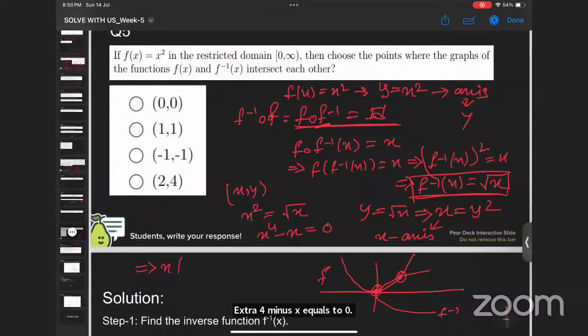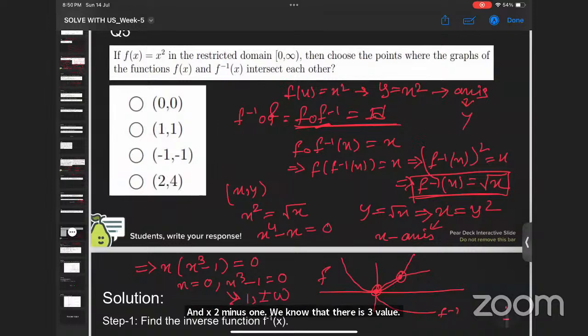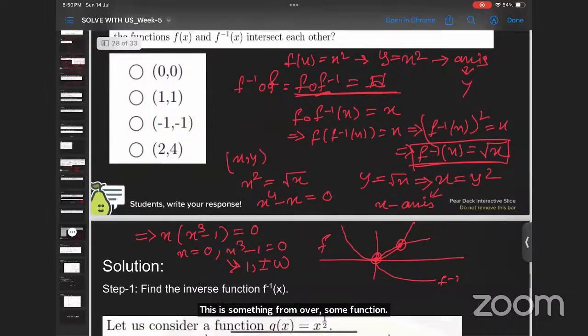And we can take x as common, then it will be x(x cube minus 1) equals 0. From here, x equals 0 or x cube minus 1 equals 0. And for x cube minus 1, we know that there are 3 roots: 1 and plus minus omega, right? That you know, na? Yes, roots of this equation. So this omega is a complex number, right?